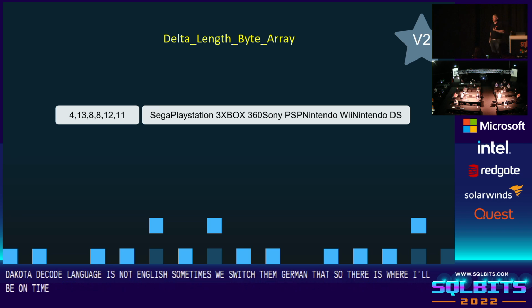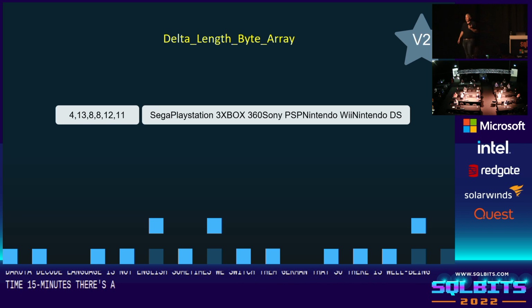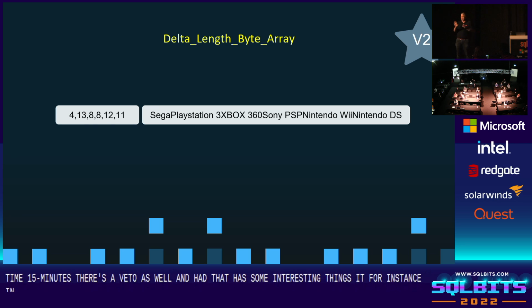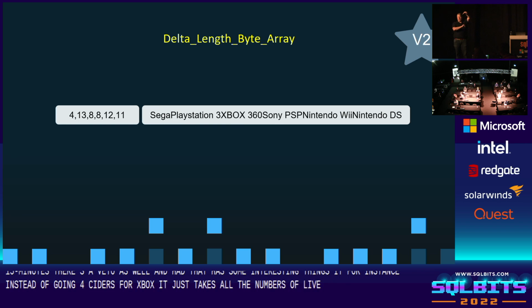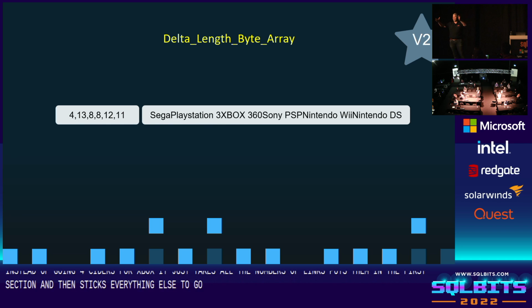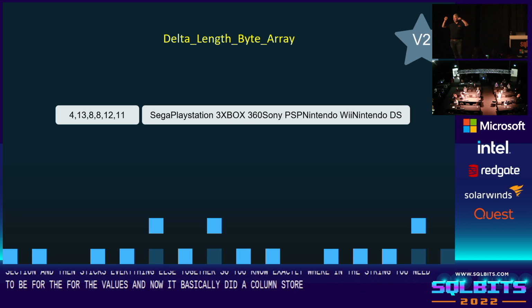Okay, 15 minutes. There's a V2 as well that has some interesting things. For instance, instead of going Xbox is 4, so it does 4 Xbox, it just takes all the numbers of lengths, puts them in the first section, and then sticks everything else together, so you know exactly where in the string you need to be for the values. Now it basically did a column store compression on the length of the thing, right?